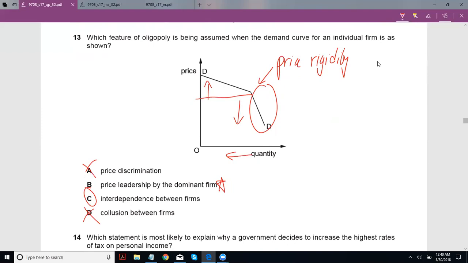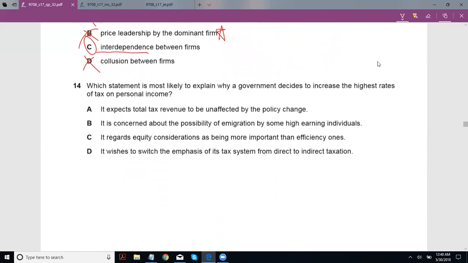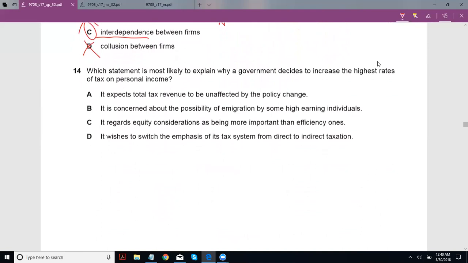It could be explained by interdependence, because this shows how there is a degree of interdependence, and you have to be aware of your rival's actions. You can't simply price independently of it. You can't just go alone. There are costs to going alone. That's the idea, which is why it is better to stick at this particular price, reinforcing price rigidity. You can't independently price, at least not without consequences, thus showing interdependence.